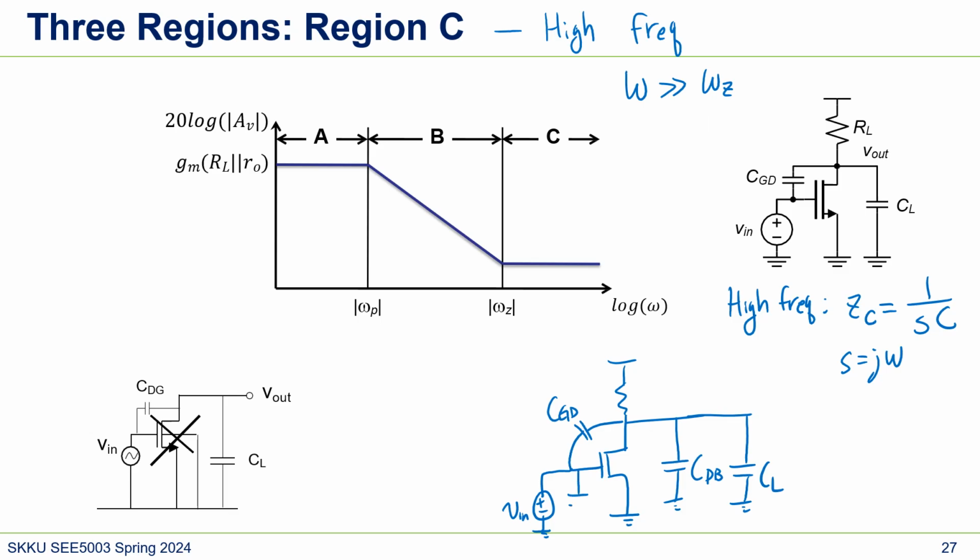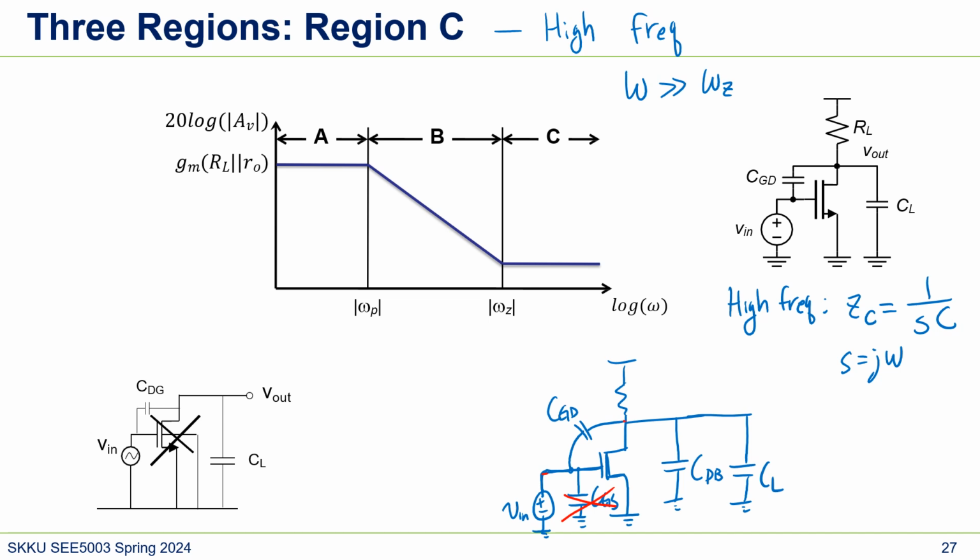The CGS, we are ignoring it. Why? Because the voltage source is directly connected to the gate. In reality, we do have a source resistor, and in that case we have to consider CGS, and that's the real case. CGS plays an important role, but now we decided to ignore the series resistance, so that's why we're ignoring CGS.